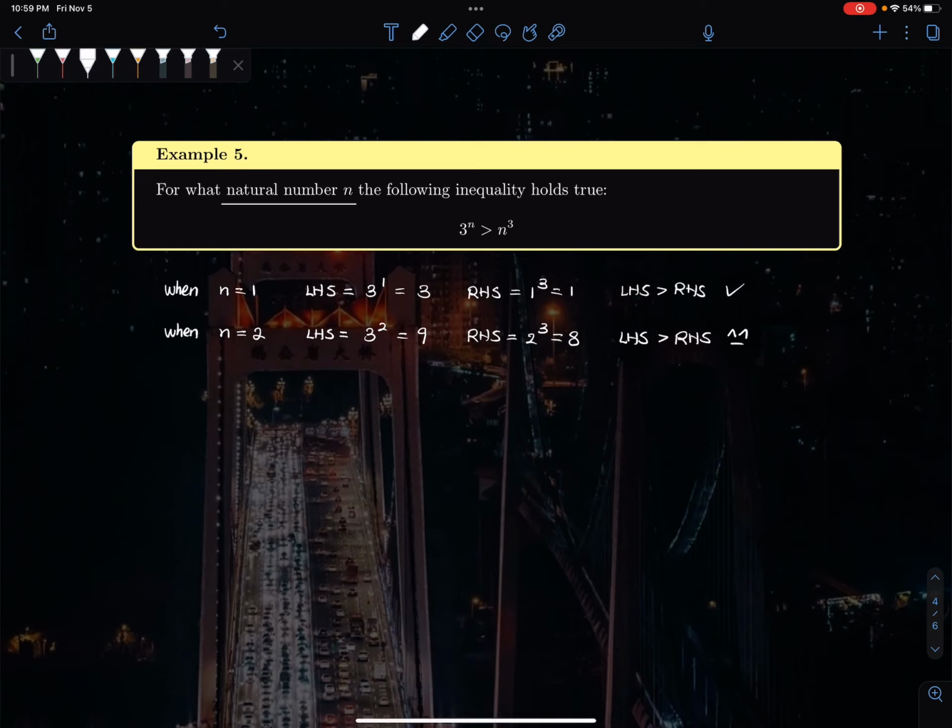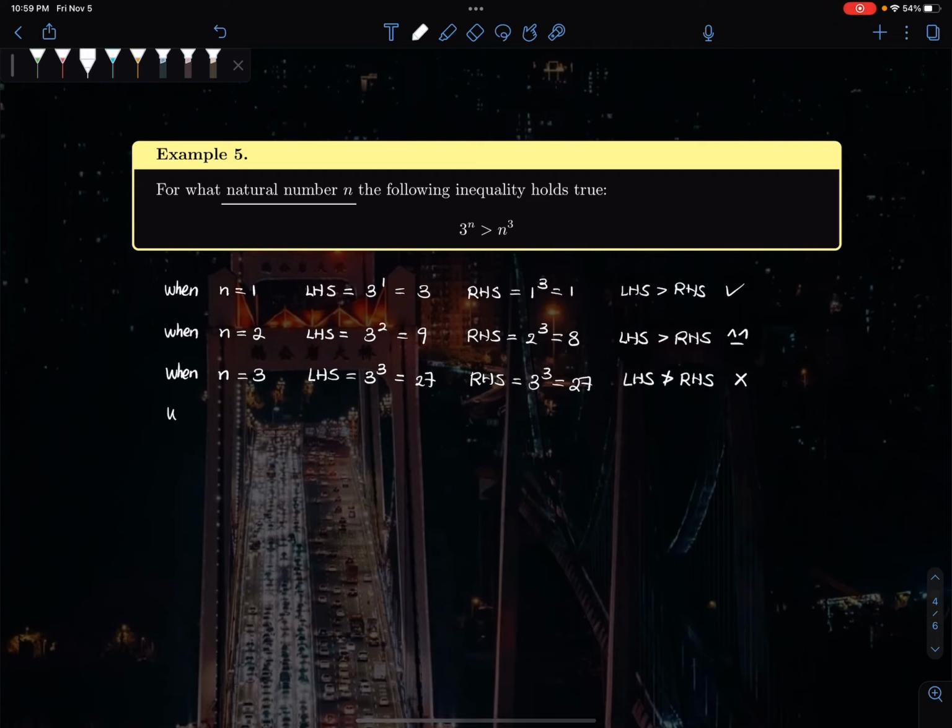Let's check 3. Left hand side is 3 to the power of 3, that's 27. Right hand side is also 3 to the 3, so that's 27 as well. This case fails because it's not strictly greater than the right hand side, so we don't want this.